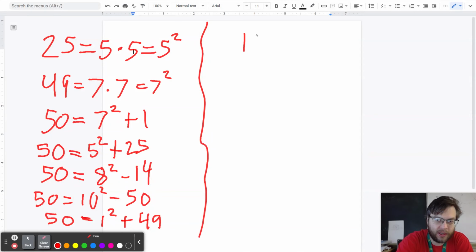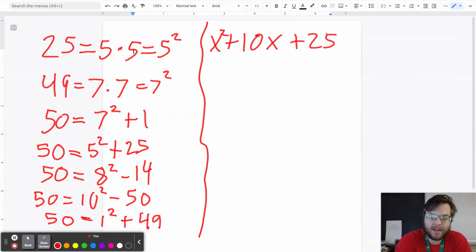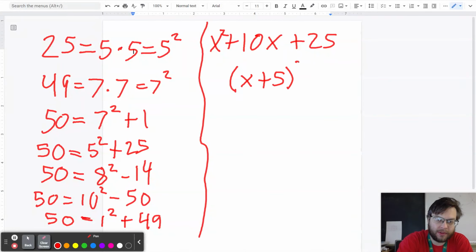So let's take a look at x squared plus 10x plus 25. This turns out to be a perfect square. It turns out to be x plus 5 squared. Now, why is that true?